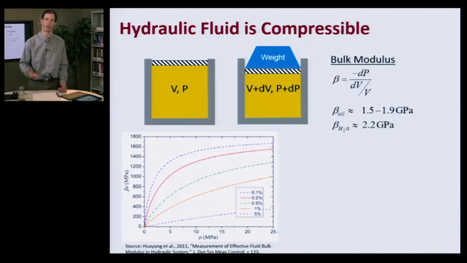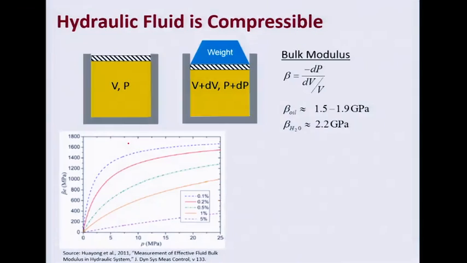So when I say that hydraulic oil might have 1.6 gigapascals bulk modulus, that is what it plateaus to. But as we add air to that and as we decrease the pressure, the bulk modulus drops. So to do a really good job of modeling this, we would ideally have a pressure-dependent and entrained-air-ratio-dependent bulk modulus term.